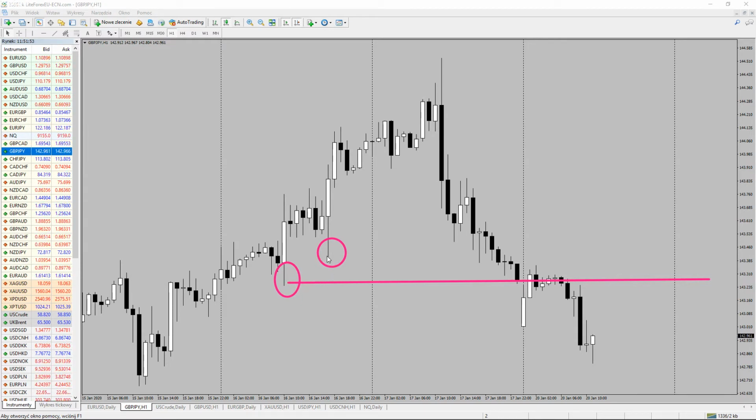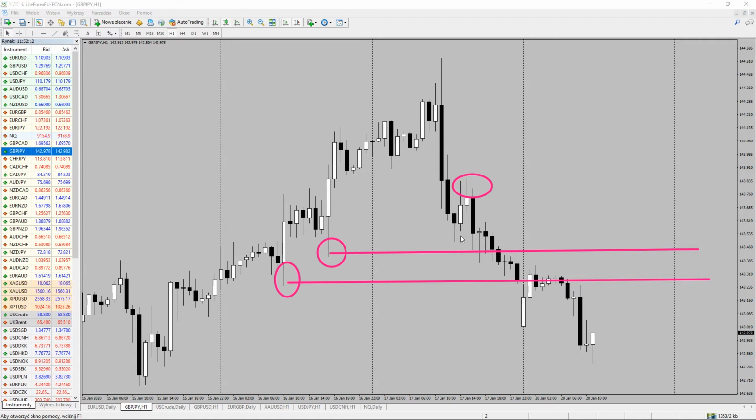I wouldn't be surprised, and it would be great, to see a little bit higher level towards 143.50, with the possibility to trade with the stop above the swing high.